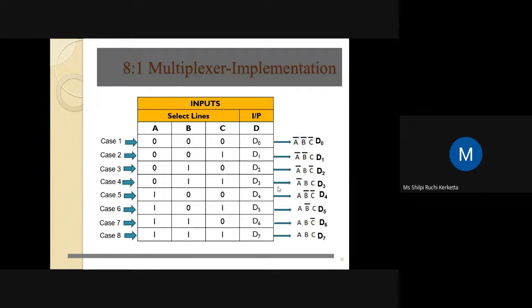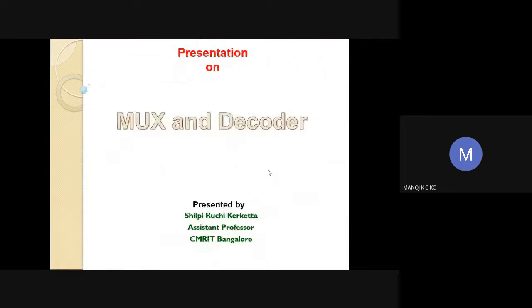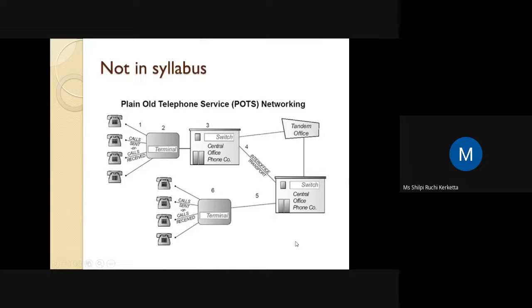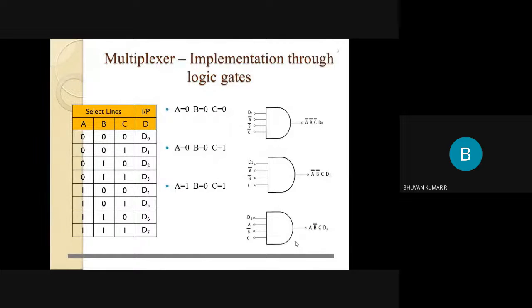Truth table for what? This multiplexer? D0, D1, D2, you explain that. This part? No, ma'am. You need the circuit? In Google Classroom, ma'am. Will you share this PPT in Google Classroom, ma'am?